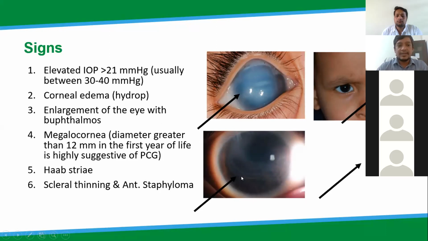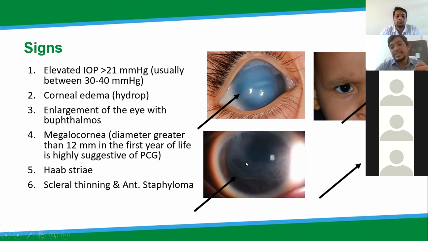The next sign is the Haab's striae. I don't know how many of you appreciate this. If you see, there is a line. There is a layer in the cornea called the Descemet membrane. Behind the cornea there is aqueous humor.